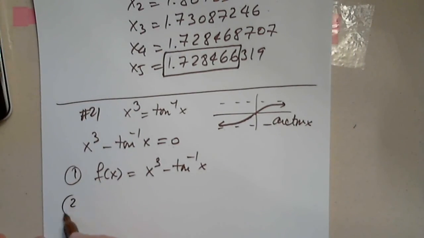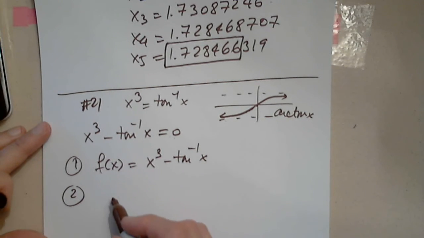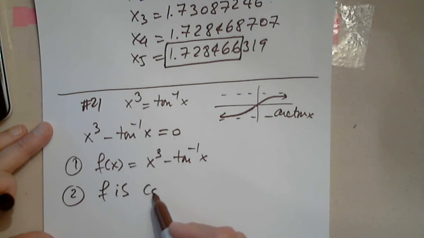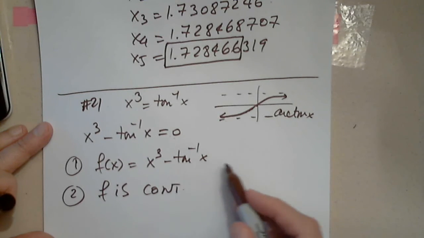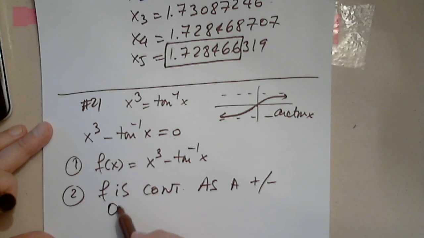And number 2, I will say that f is continuous everywhere for the same reason, as a sum or difference of continuous functions.